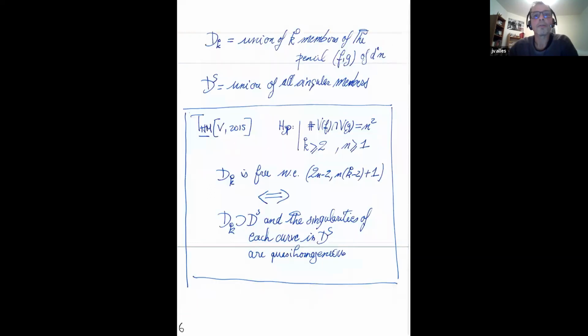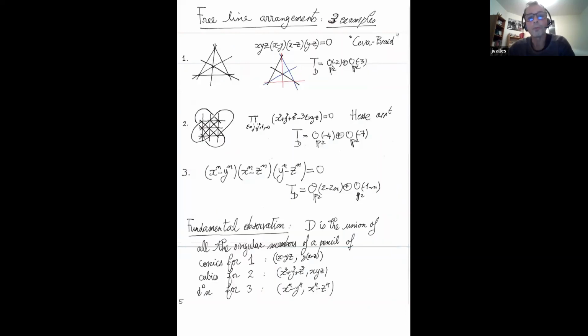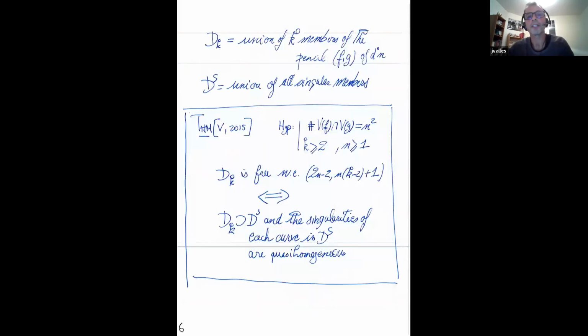The first time, in 2015, I was able to prove it with some restriction on the hypothesis. And the main restriction is the following one. I assume that both curves have degree n, and they meet along n squared points.